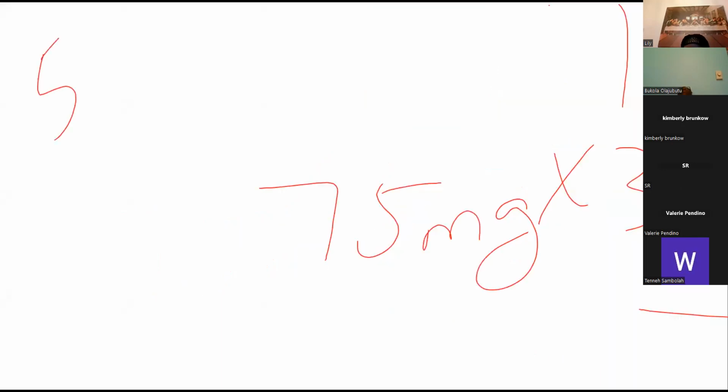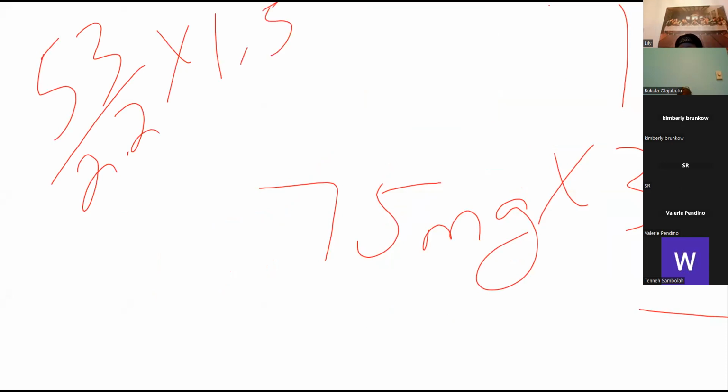Our weight is 53 divided by 2.2, and then we're going to multiply that times our 1.5. That gave me 36.13 something.